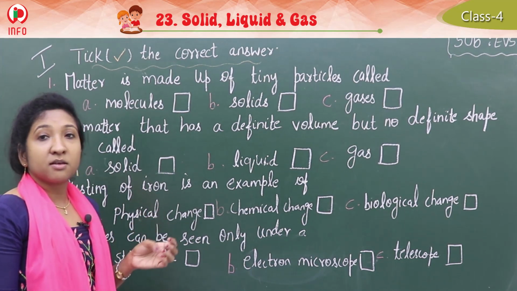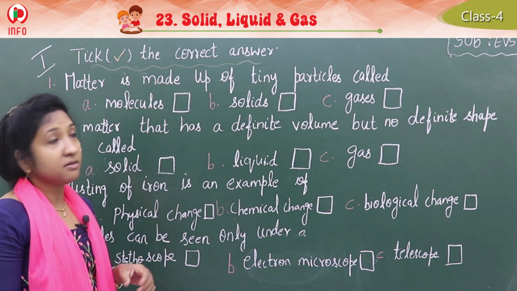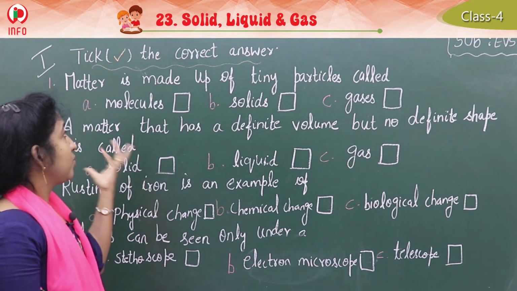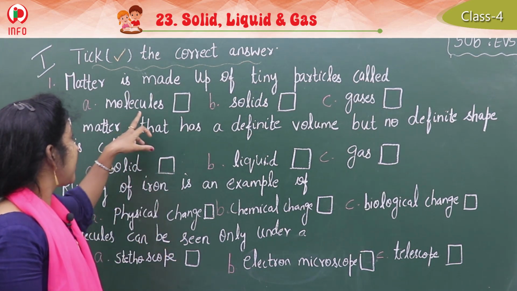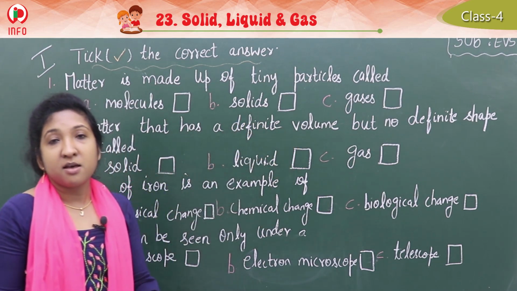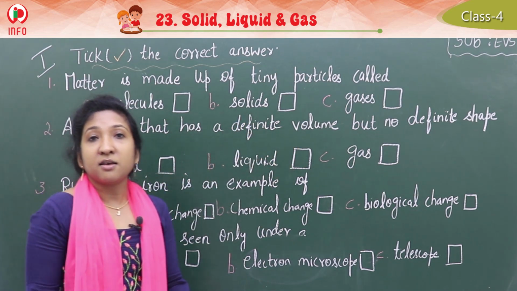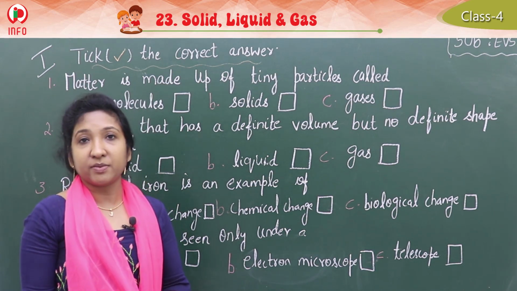Matter is made up of tiny particles called dash. Means matter is made up of tiny particles, isn't it? They are called option A molecules, option B solids, option C gases. So all things, whether living things or non-living things, are made up of matter.